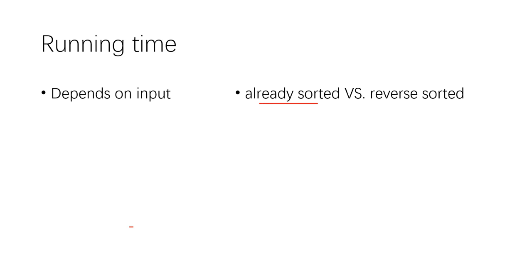Like the input is already 1, 2, 3, already increasing, and the time of the algorithm would be very short or very fast. On the other hand, sometimes you get a really bad input that is reversed. That means the largest is at the beginning, like 8, 7, 6 until 1.